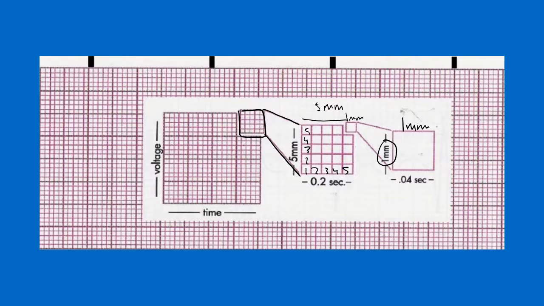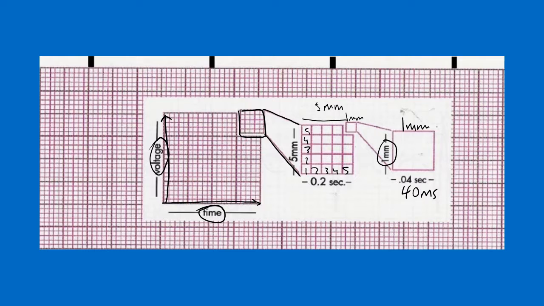Now when looking left to right, we will consider time, and when going from the bottom up, we will consider voltage. In terms of time, one small box is equal to 0.04 seconds or 40 milliseconds.